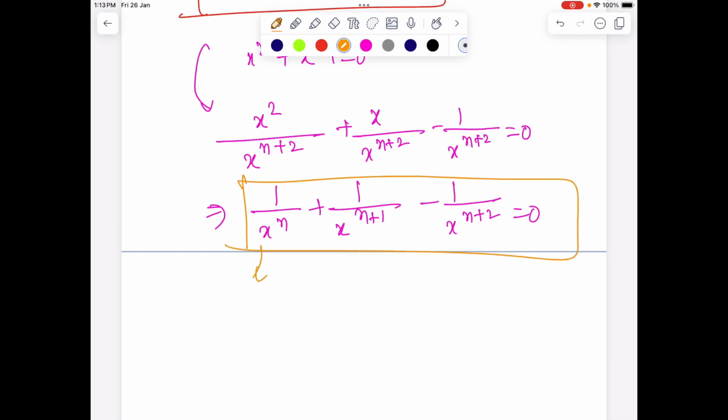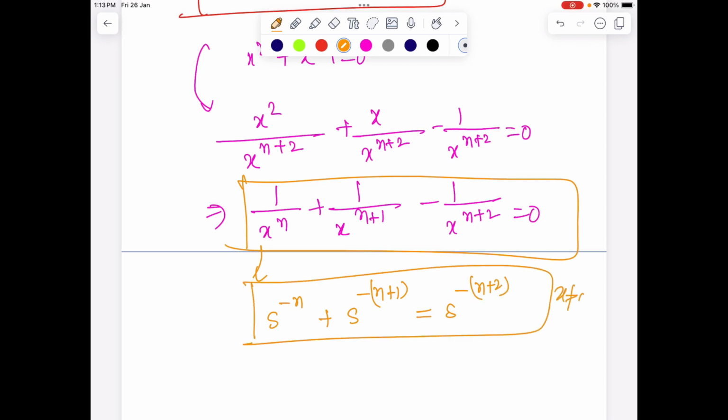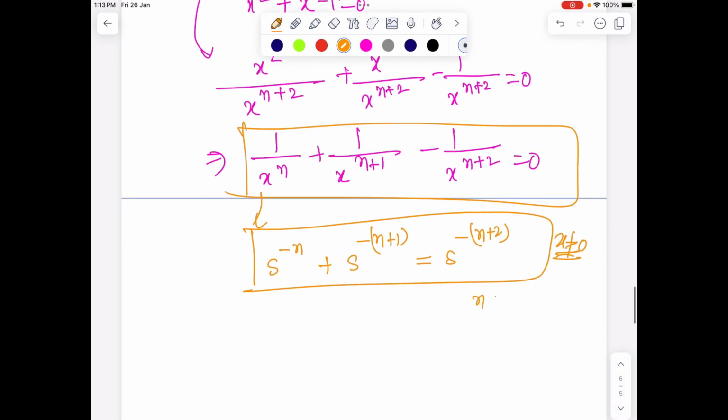So this I can write as S to the power minus n plus S to the power minus n plus 1 equals S to the power minus n plus 2. Clearly this is allowed because x is not 0, right? So even when n is a positive integer, we can still say that 1 by S5 plus 1 by S6 is going to be 1 by S7.